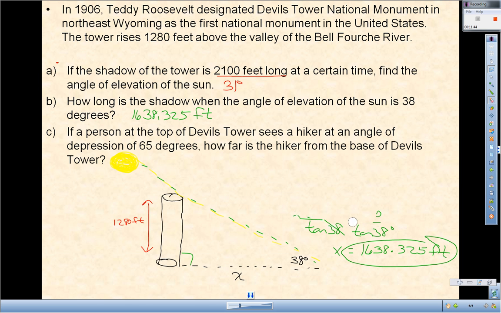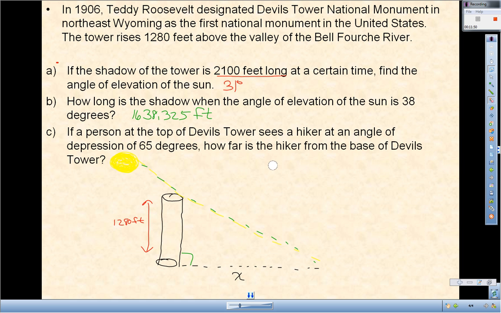All right, for the last one it says if a person at the top of Devil's Tower sees a hiker at an angle of depression of 65 degrees, how far is the hiker from the base of the Devil's Tower? So, all right, Mr. Kelly's up here. Yeehaw! And I see a hiker down here. Hello, how are you?